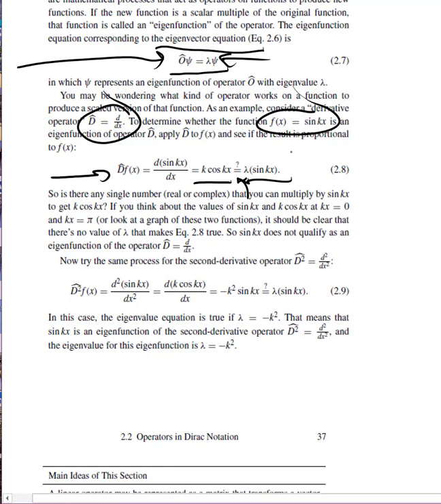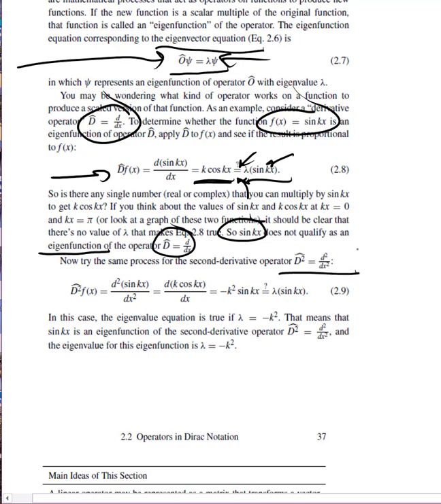Well, just imagine a few values of kx, such as 0 and pi. Plug those in here. You're going to get 0 on this side. There's no lambda that we can use to turn that into the values of cosine of 0 and pi. So clearly, no lambda works for this. That means that sine kx is not an eigenfunction of the derivative operator.